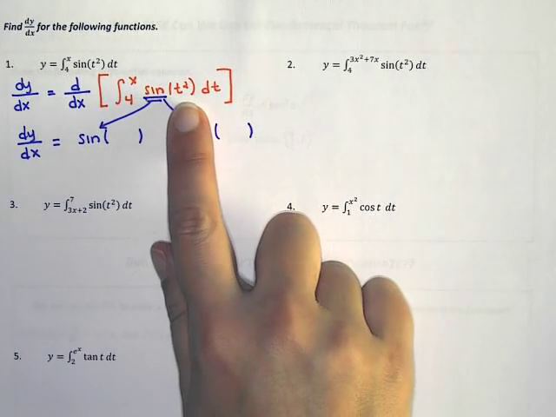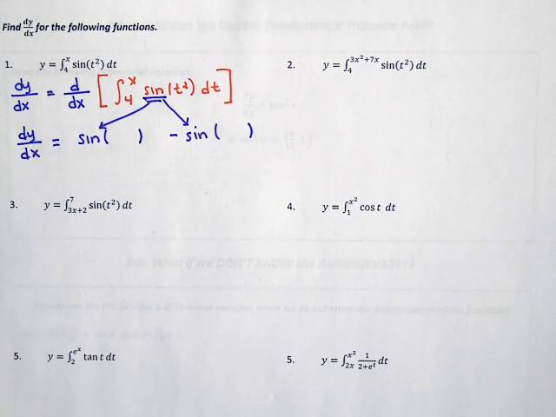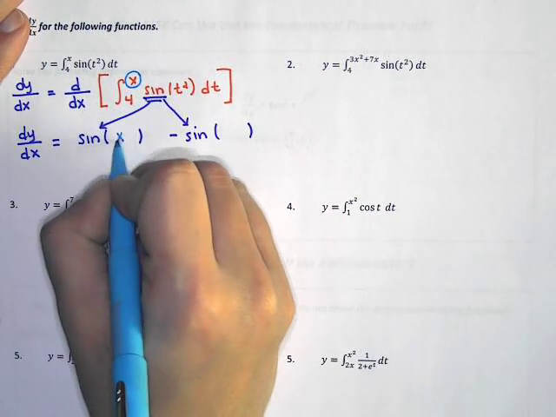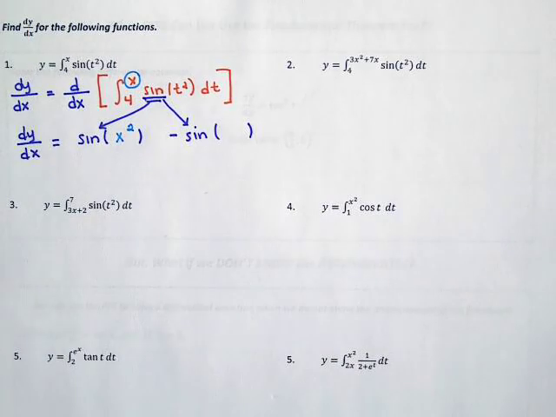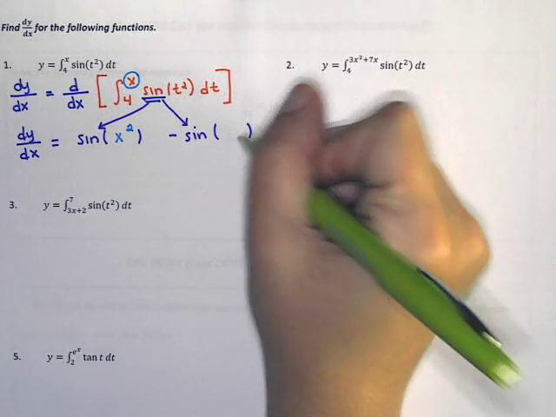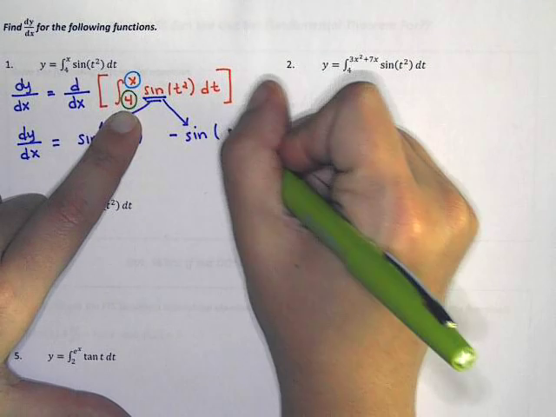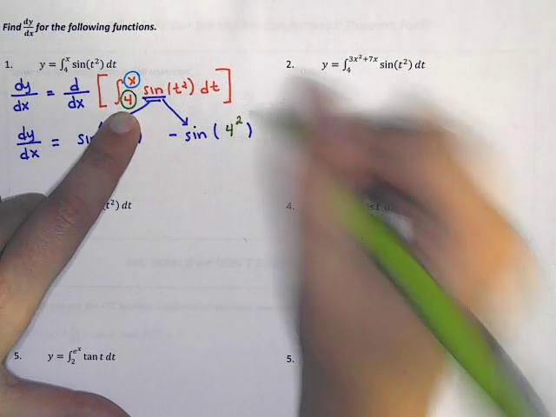Instead of having t squared, I'm going to plug in the x first. So I'm going to have x squared. And instead of t squared, I'm going to plug in the 4 next. So I would have 4 squared.